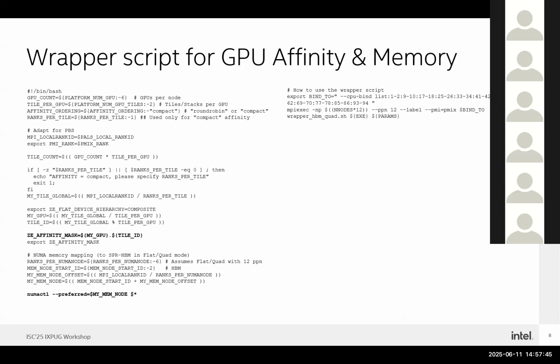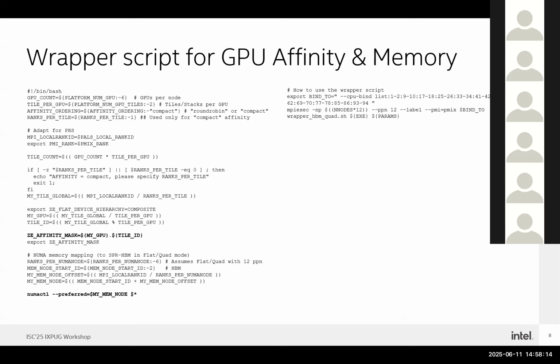So you run 12 ranks in a node, the local rank ID goes from 0 to 11. You use that value to calculate the ID, and then that is used to set the ZE_AFFINITY_MASK, and that will place the offloading kernel for a particular rank onto a specific GPU ID, GPU tile.